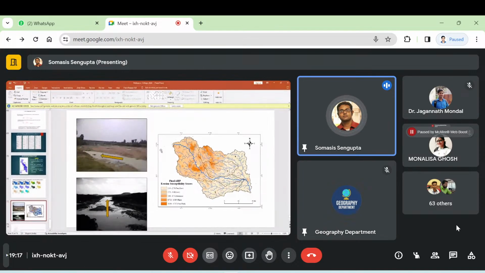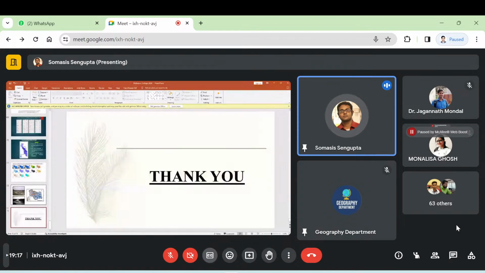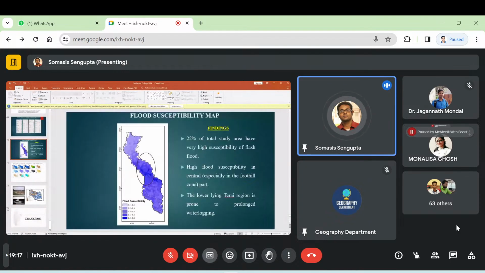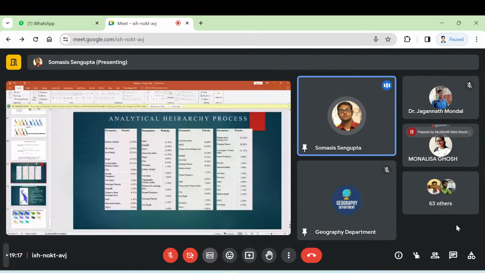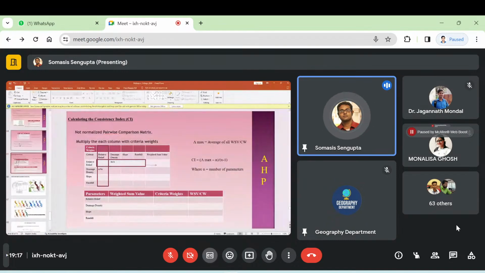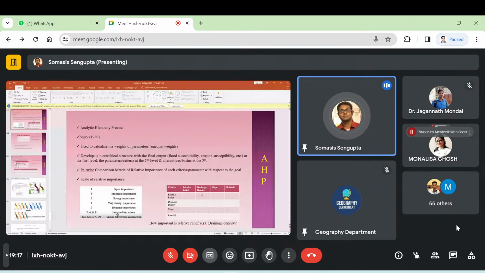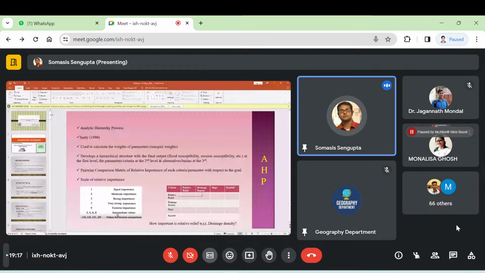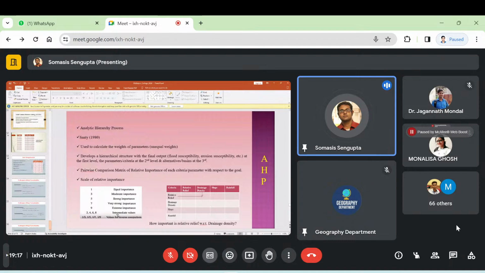So this is all about the quantitative techniques. This formula may be incorporated in your analysis, which helps us in understanding how various parameters can be applied in your quantitative techniques in geography.